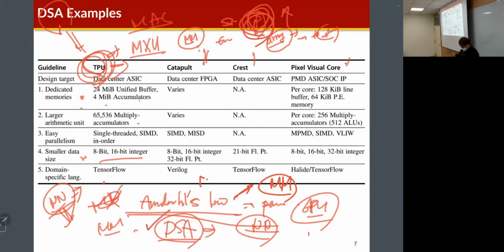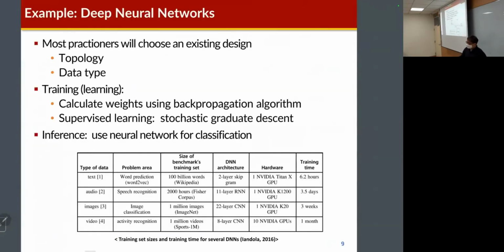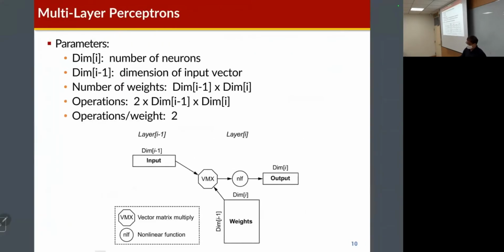That's why we need to analyze the characteristics of specific domain applications before diving into the domain-specific architectures. This slide explains the specific features of neural network applications, but I will skip this part.